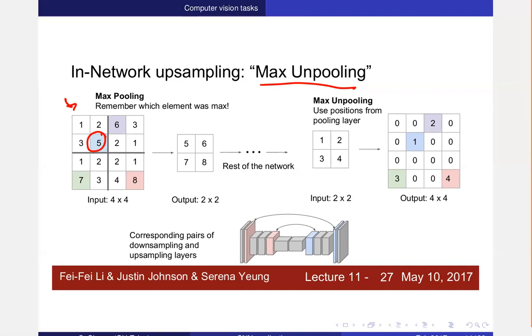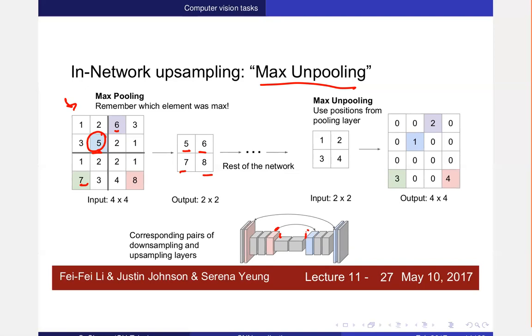Let's say this one is 5 and this one is 6 and so on. When I go back up, let's say here I do the pooling to downsample by one half.